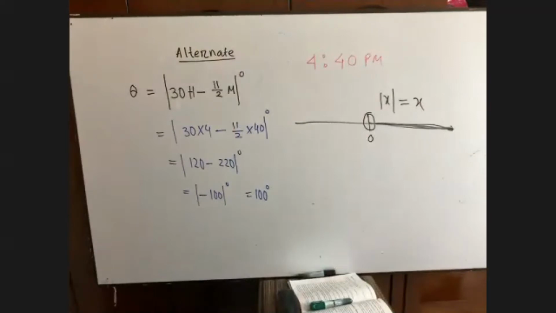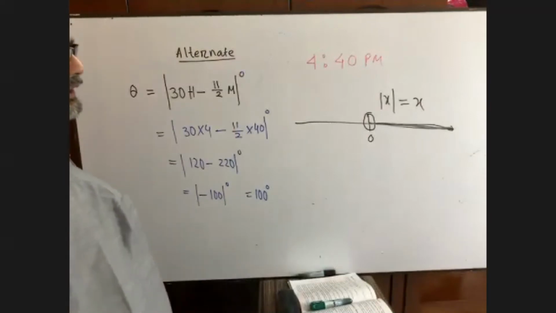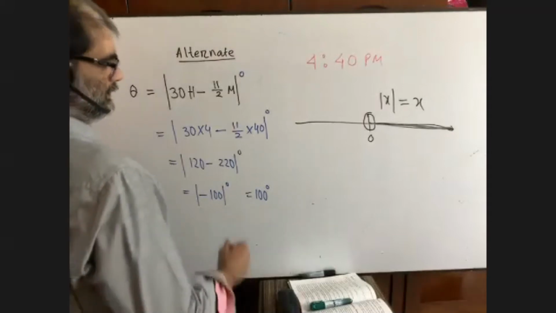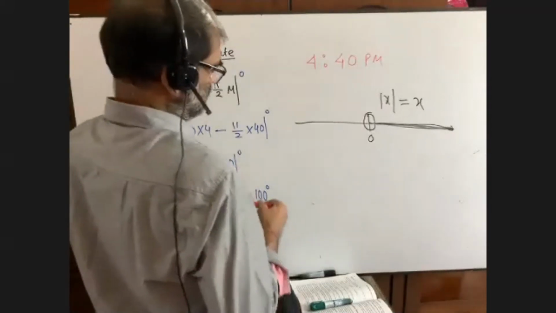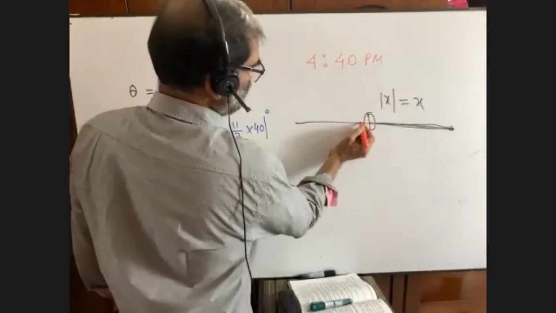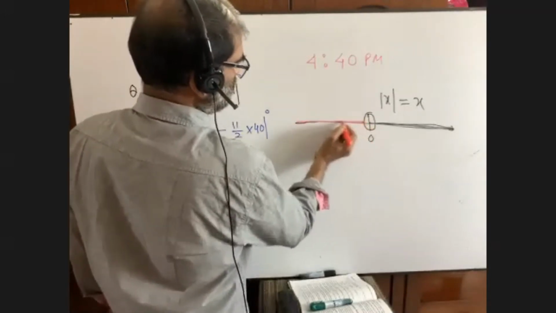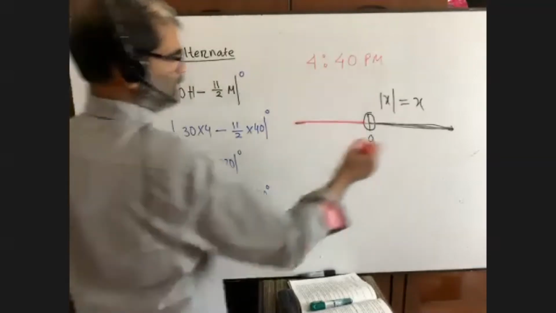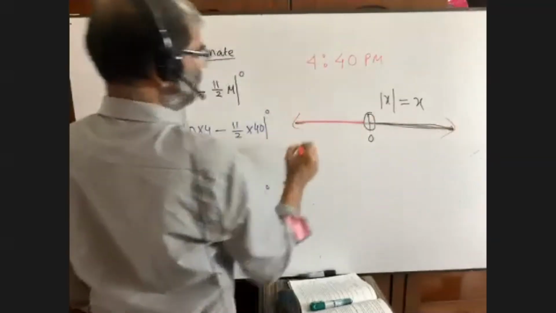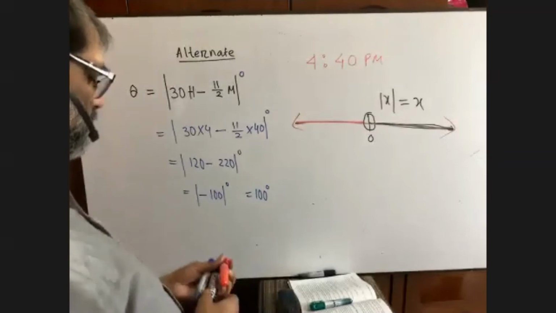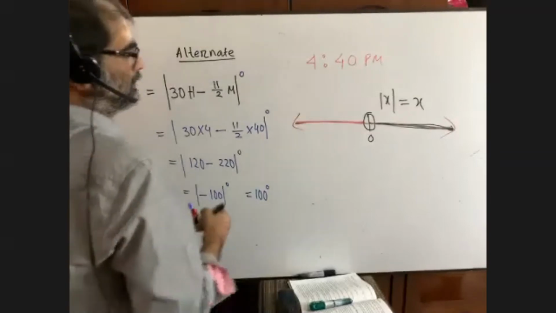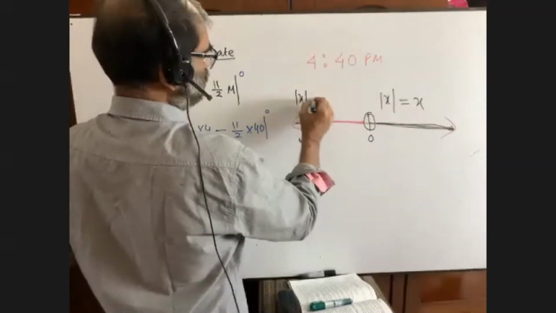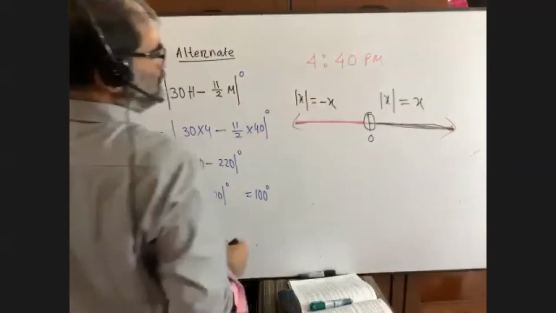And this part, you have to give an arrow sign, this value is equal to minus x.